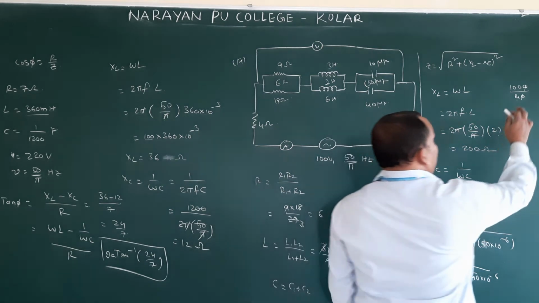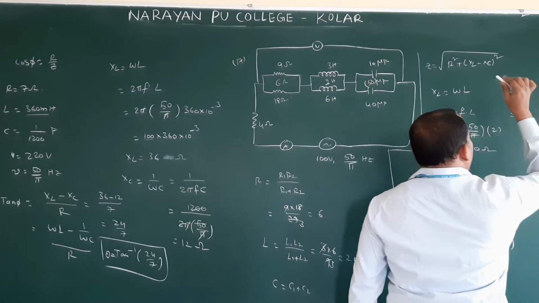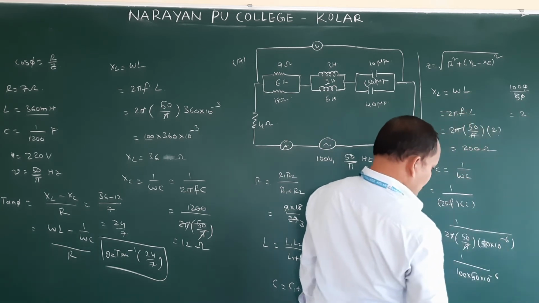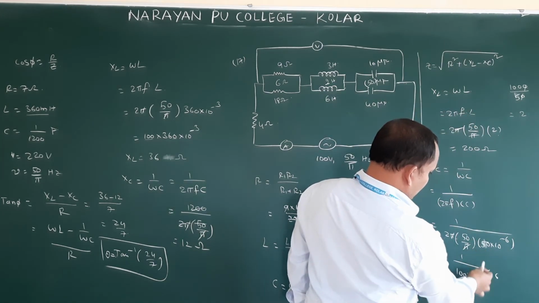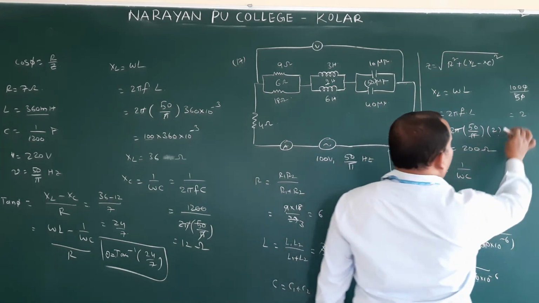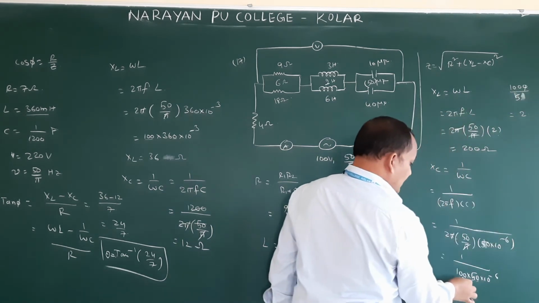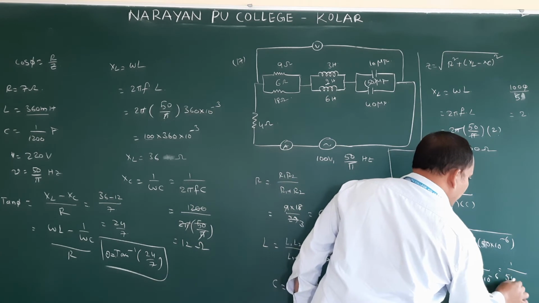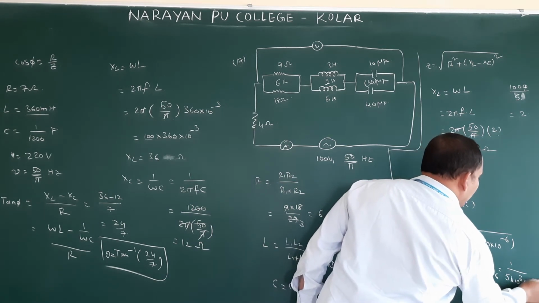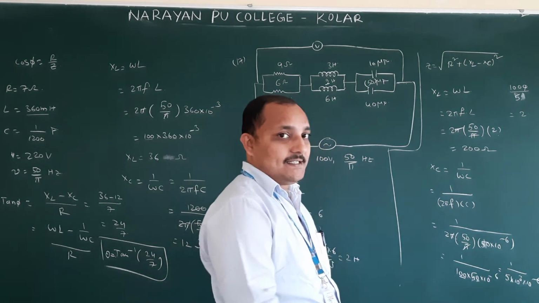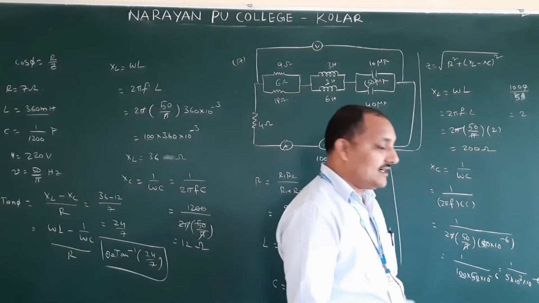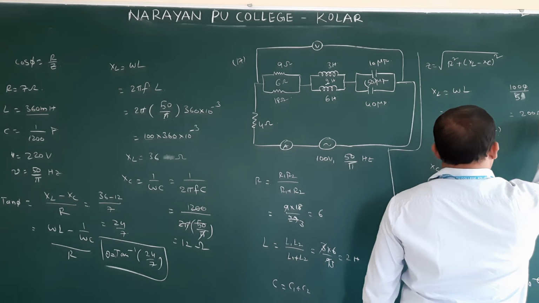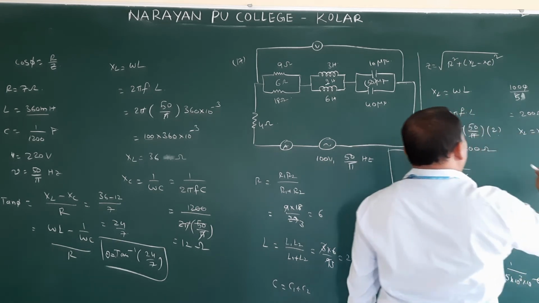Then 100 by 50, that is 1000 by 5, because here this is 10 cube. 1 by 5 into 10 cube into 10 power minus 6, minus 6 plus 3 is minus 3, and minus 3 goes to the numerator as 10 cube. So 1000 by 5 is 200 ohms. Now XL is equal to XC.